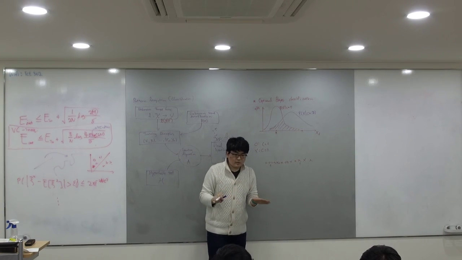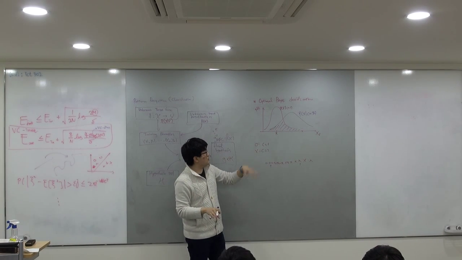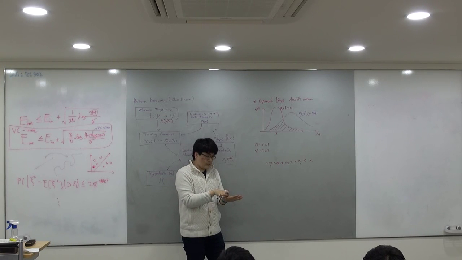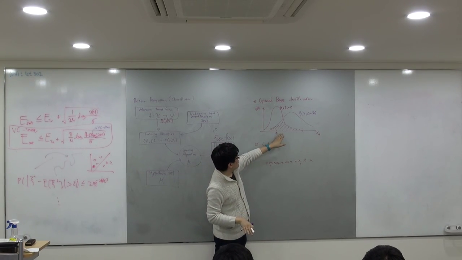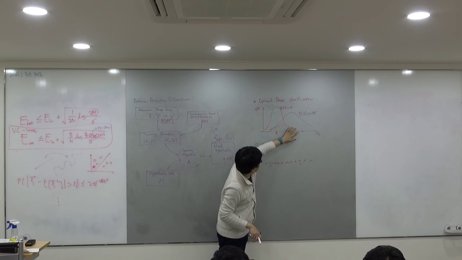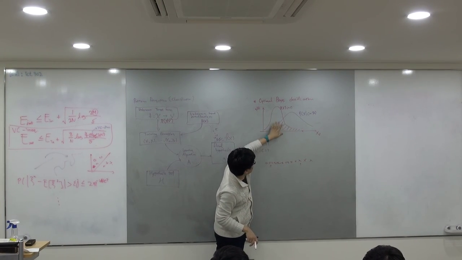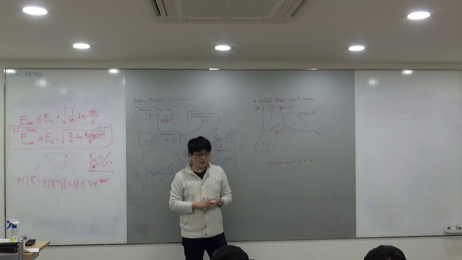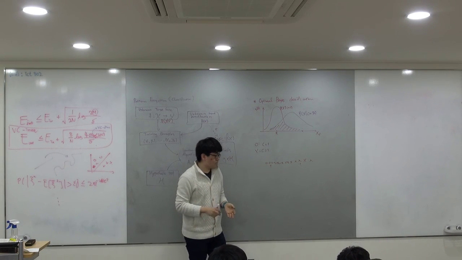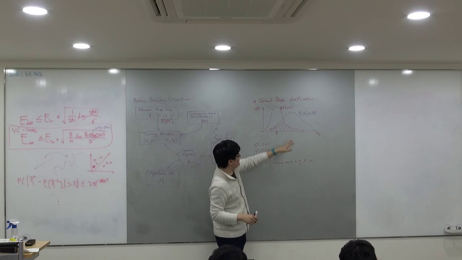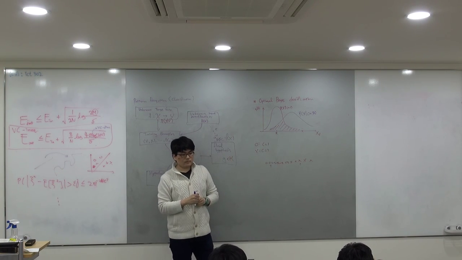If your probability density for class 1 and class 2 overlaps, then you will always have this area, which is the amount of error you get. And you cannot achieve better performance than this one.